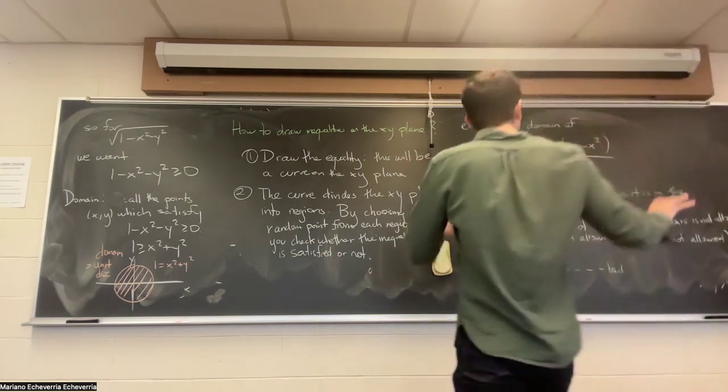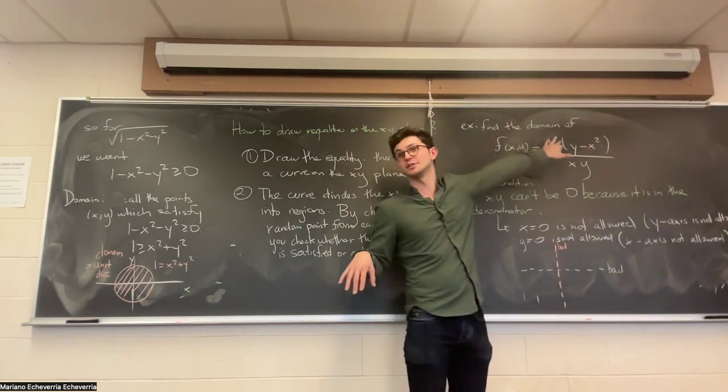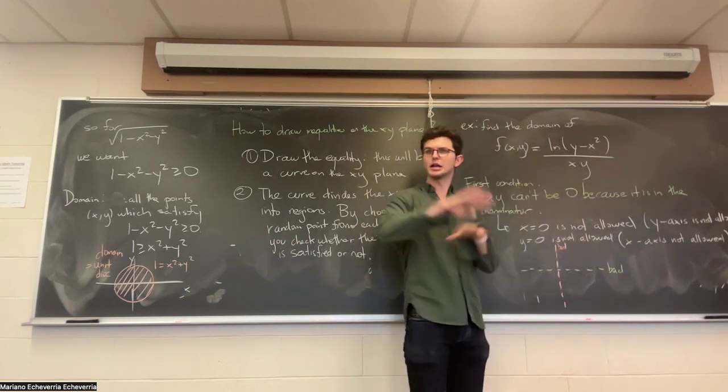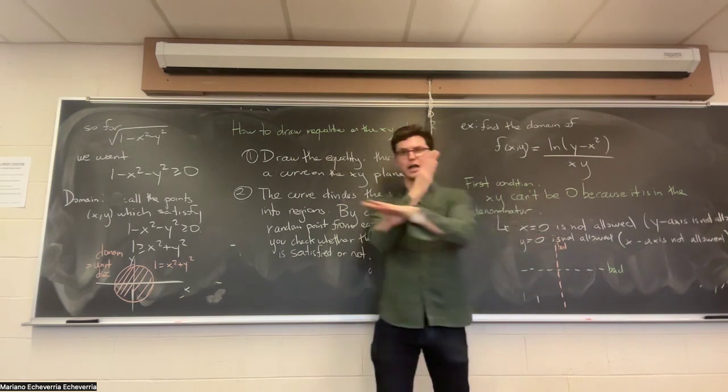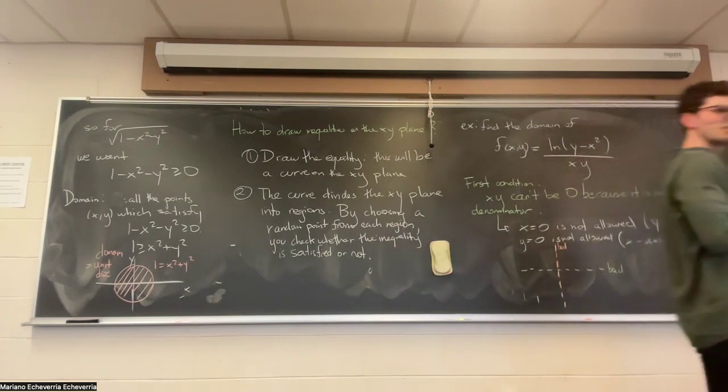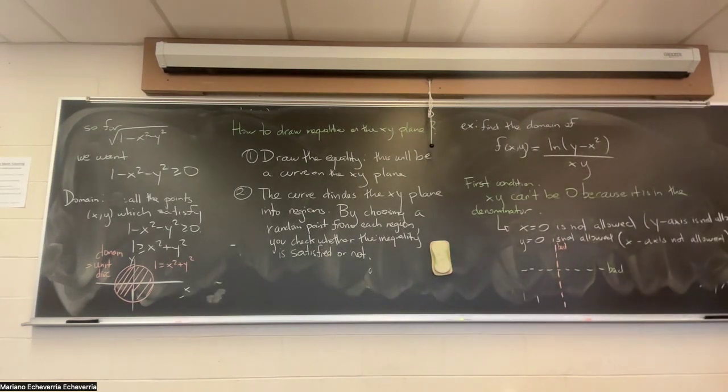That's still not enough, because we still have to see what happens with the natural log, right? But whatever the domain is, it will ignore the x-axis and the y-axis, because either of those gives you issues. Is that making sense?